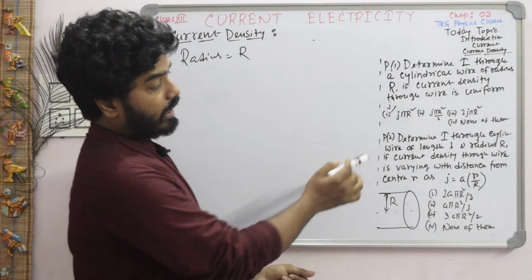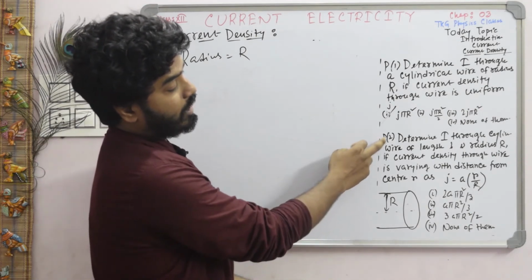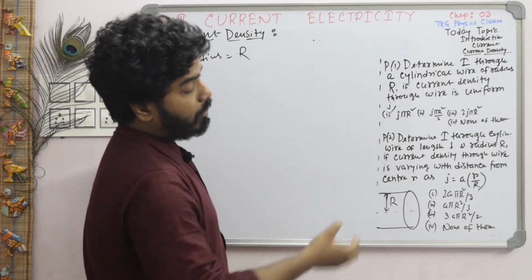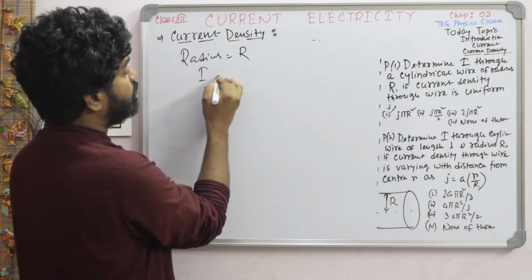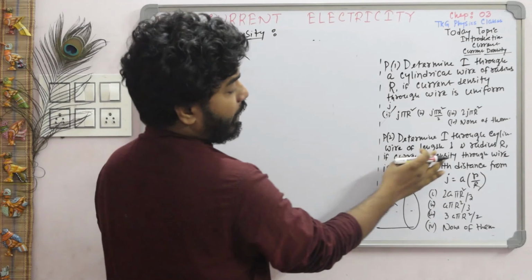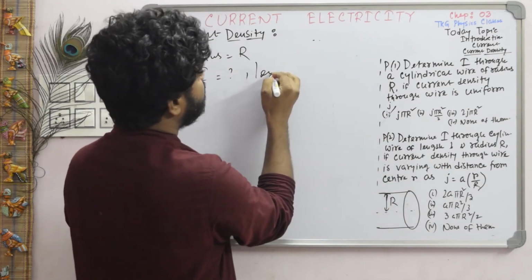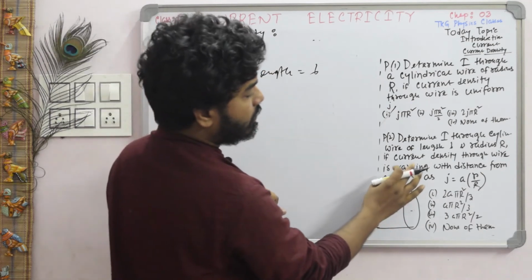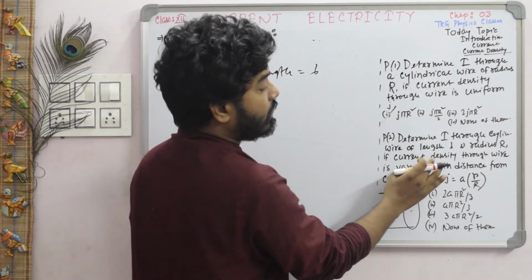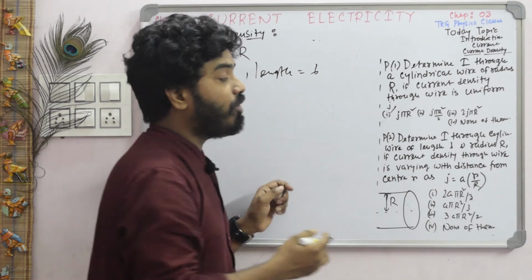Okay. Now, the second one, just check this second problem. You have to find out the current of a wire of length L, radius r, and here the current density is not uniform.